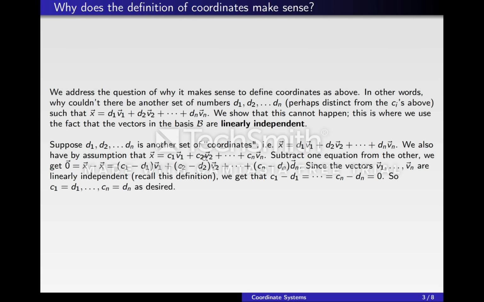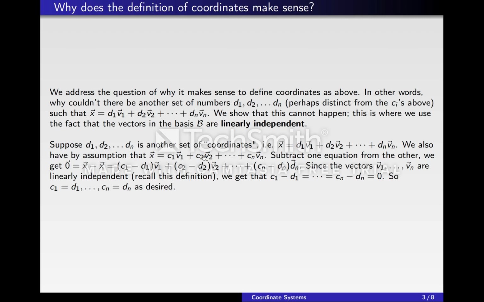Okay, so why does the definition of the coordinates make sense? In other words, why couldn't there be another set of numbers, say d1, d2 through dn, perhaps different from the ci's above, such that x equals d1v1 plus d2v2 plus dot dot dnvn?